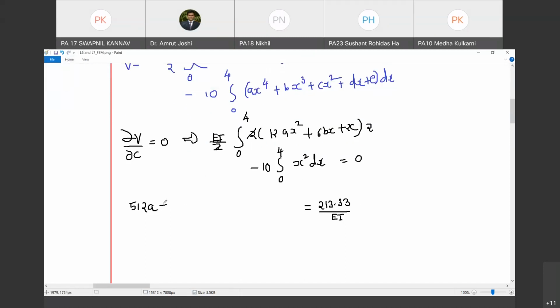Do you agree with me? Yes. This 2c: what is the integration of 4? That is 16. Do you agree with me? Plus 16c, plus 0d plus 0e. Happy? This is equation number 3 that we have got. Please let me know if I am correct.